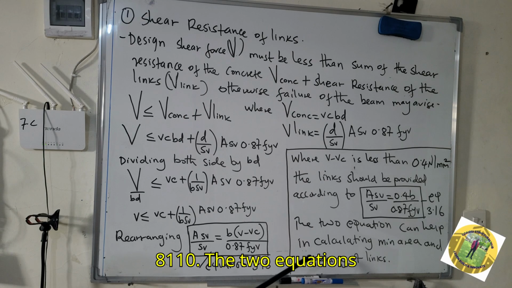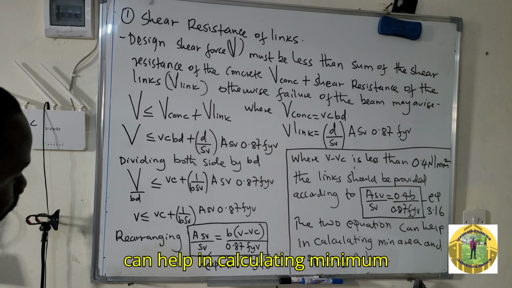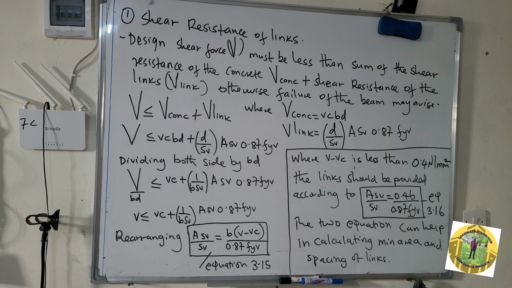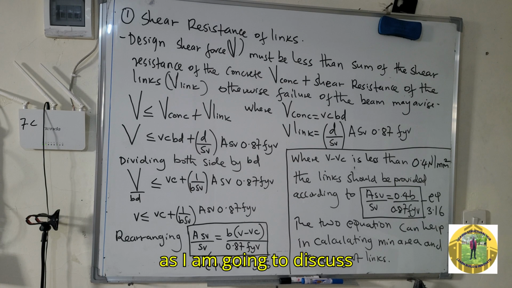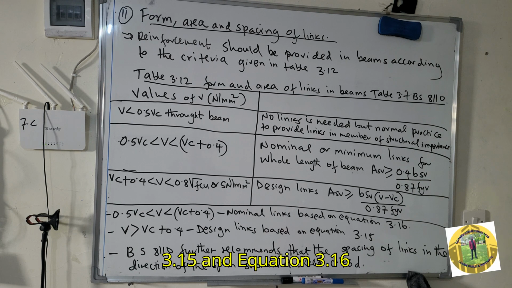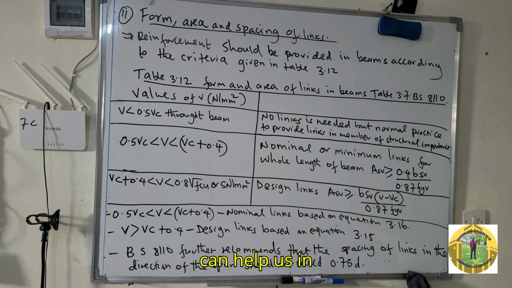The two equations can help in calculating the minimum area and the spacing of link, as I am going to discuss right now. So let's see how equation 3.15 and equation 3.16 can help us in calculating the minimum area and the spacing of link.